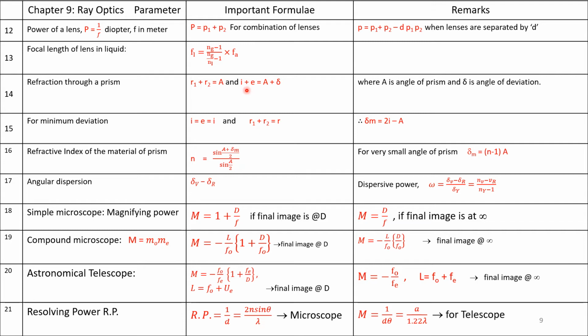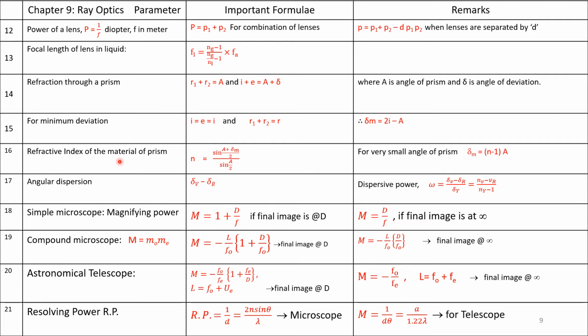That is also given by i plus e is equal to A plus delta, where A is the angle of prism and delta is the angle of deviation. For minimum deviation, i is equal to e, and r1 is equal to r2 is equal to r. Therefore, delta m is given by 2i minus A.